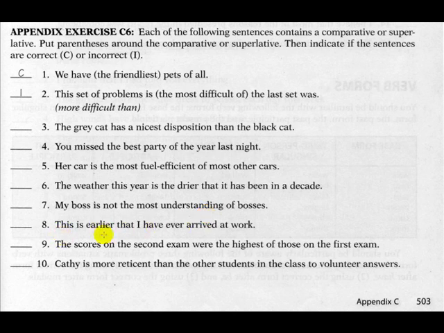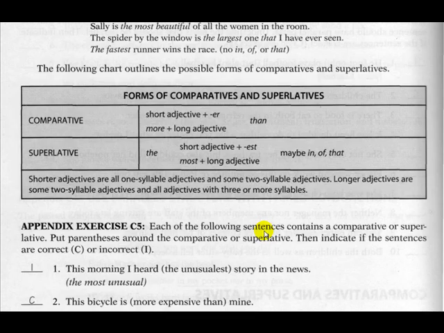Number 8, this is earlier than I have ever arrived at work. Is that correct or is that incorrect? Well, let's take a look at the chart. What are we doing in that sentence? We're not comparing one with the other, but we're comparing this particular instance with all the other instances that he has arrived at work. And since we're comparing it with more than one instance, we could say that it is a statement that's superlative.